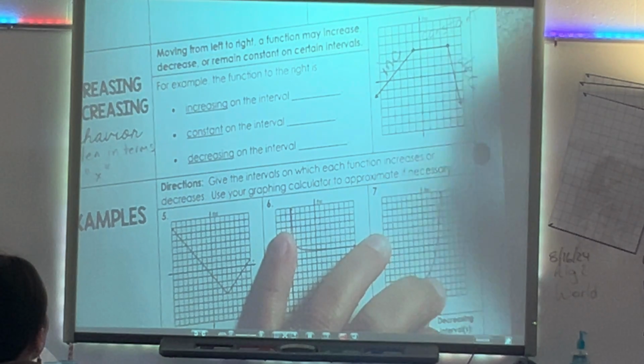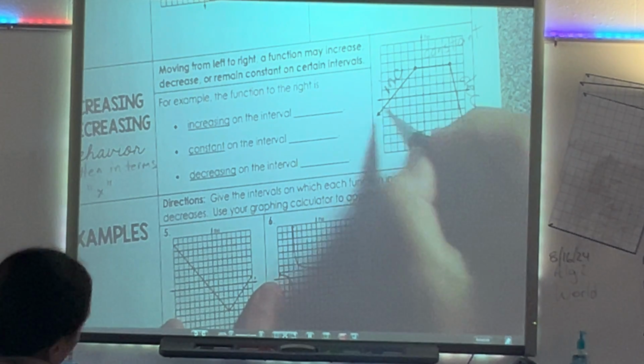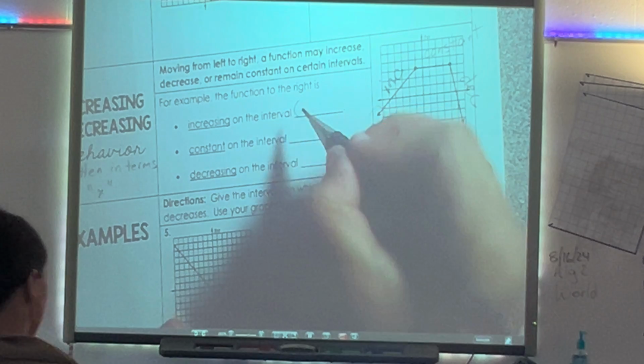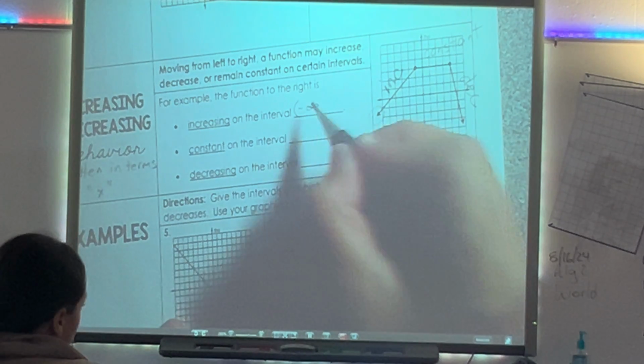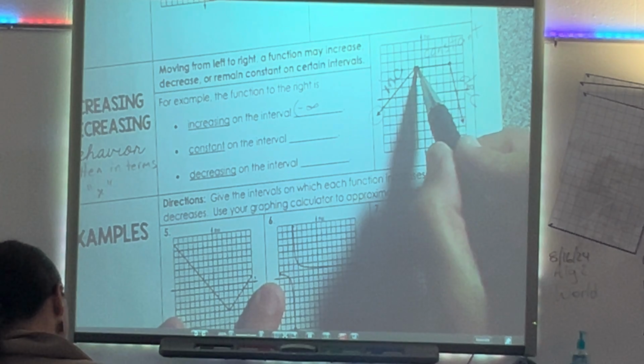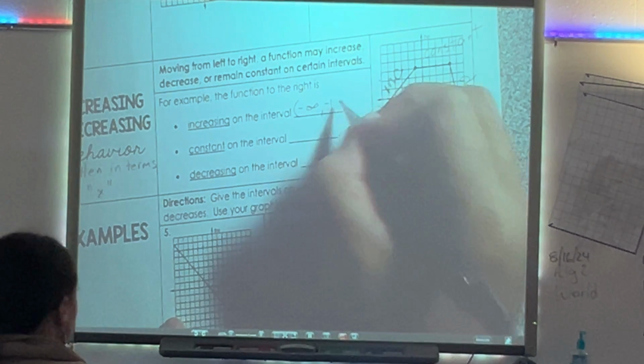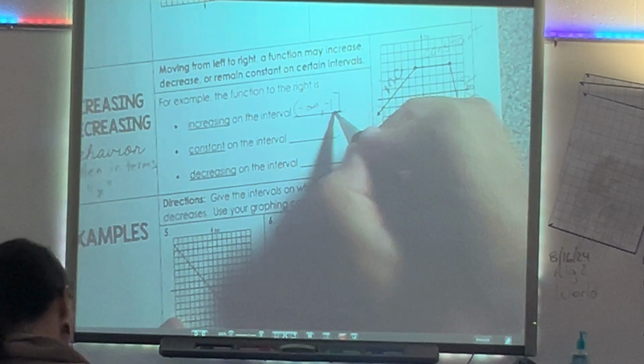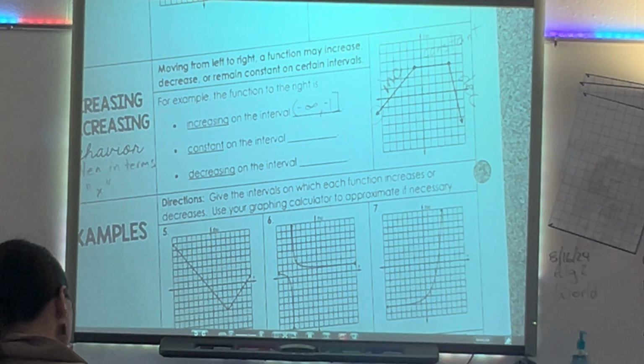I'm increasing from negative infinity until I get to X equals -1, and that is included, so I draw it with a bracket.